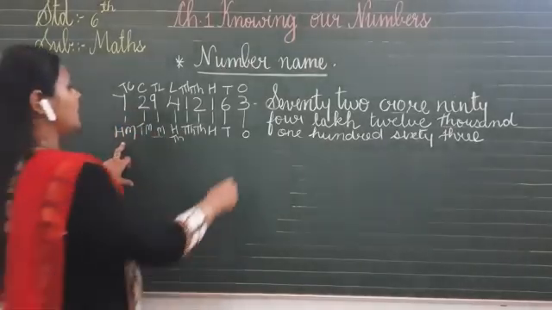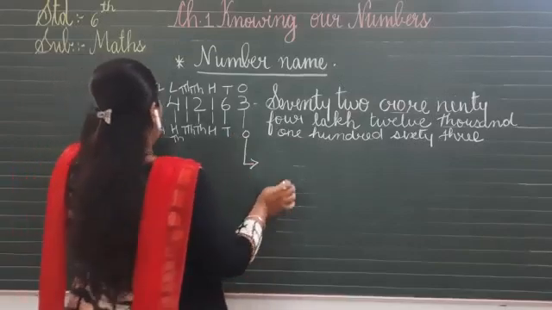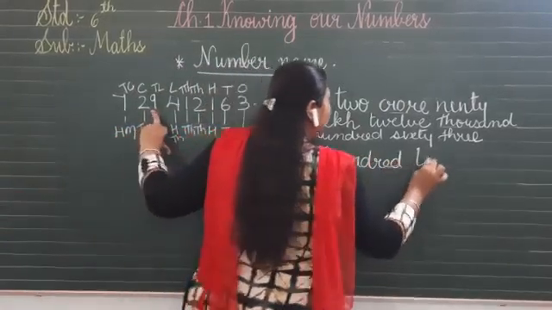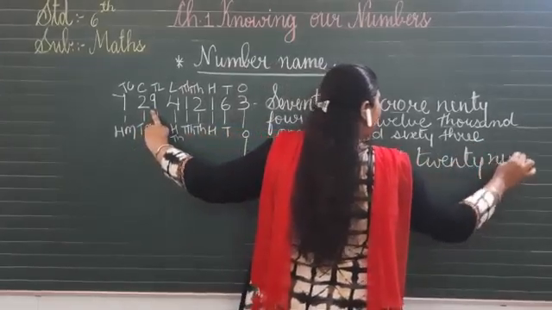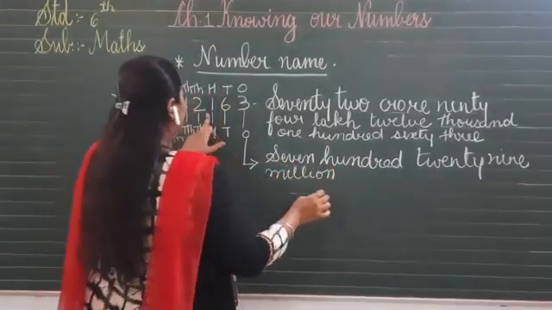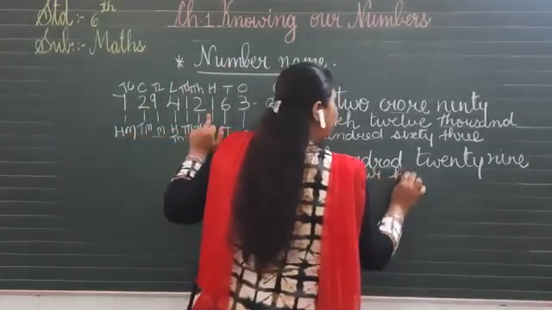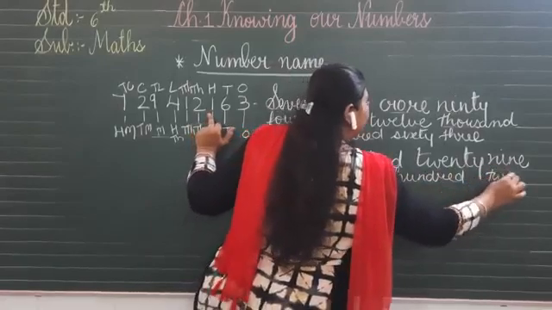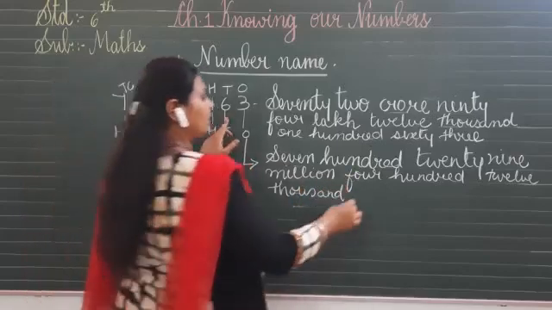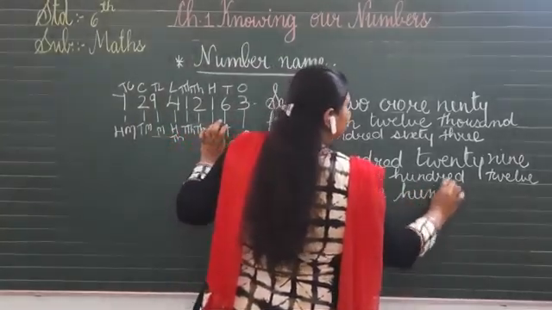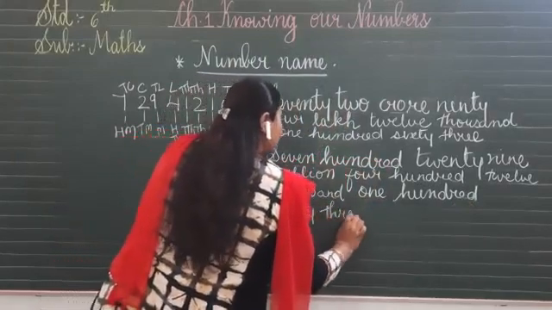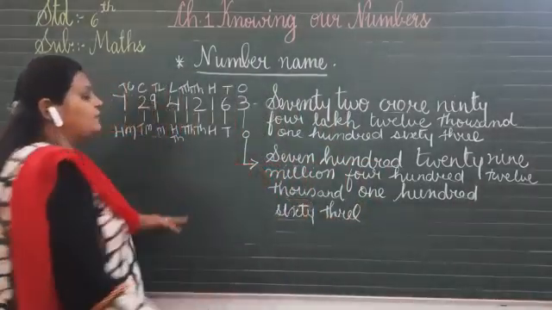So the number will be written as 729 million 163. This is how we have to write as per the international system.